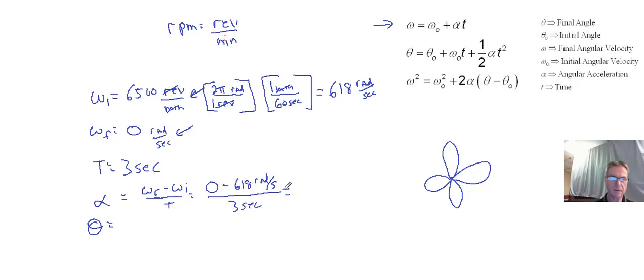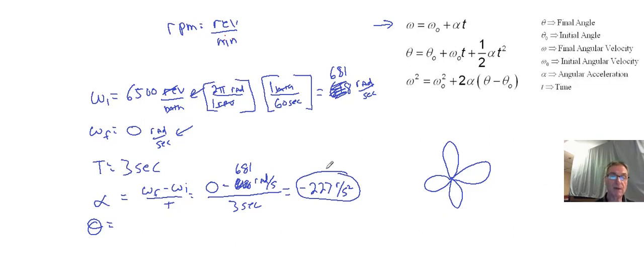When we plug that into the calculator, it looks like I made a mistake here. I transposed my numbers. This should be 681. As you at home probably figured, that should be 681, and I transposed them to 618, so I apologize for that. But when we do the math here, 0 minus 681 divided by 3 is negative 227 radians per second squared. That would be the angular acceleration. It's negative because it's slowing down.